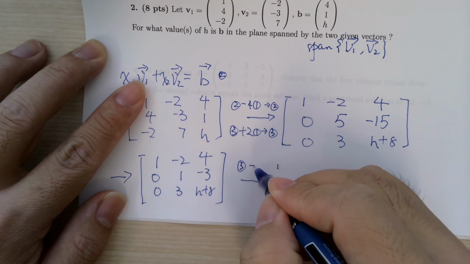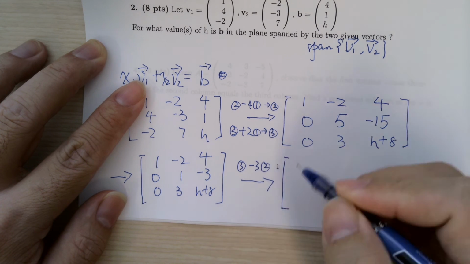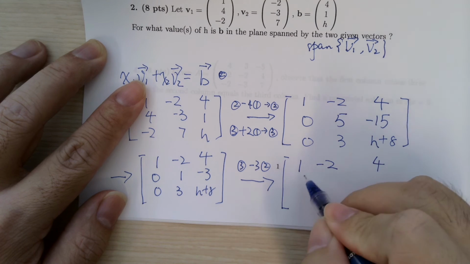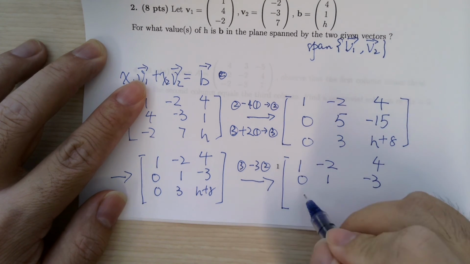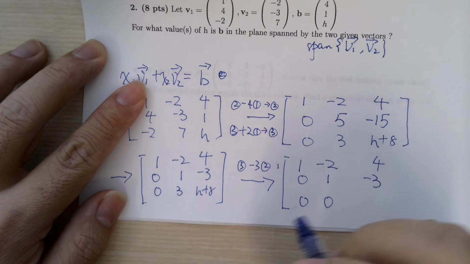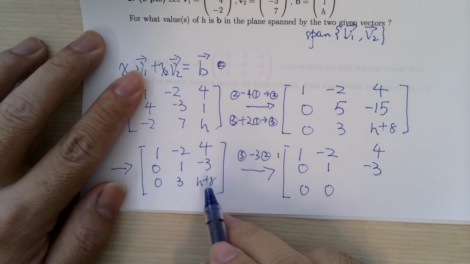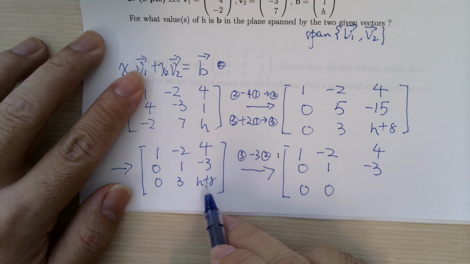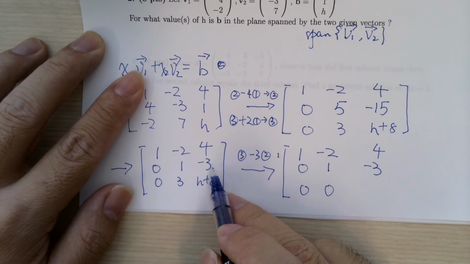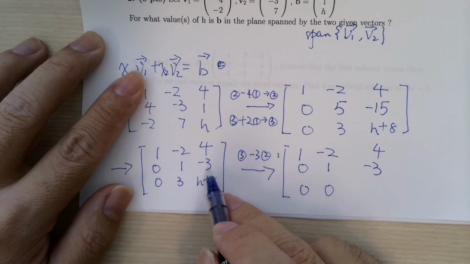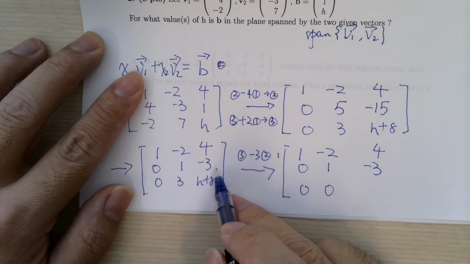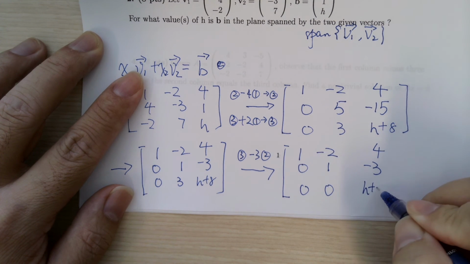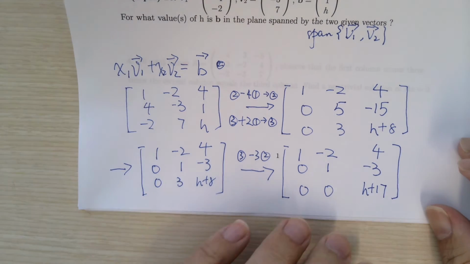Use row 3 minus 3 times row 2. That is 1, negative 2, 4, 0, 1, negative 3, and then 0. This part is 0. So I'm going to have h plus 8 minus 3 times row 2. So minus 9 becomes plus 9. So it's going to have h plus 17, right? It's plus 17.